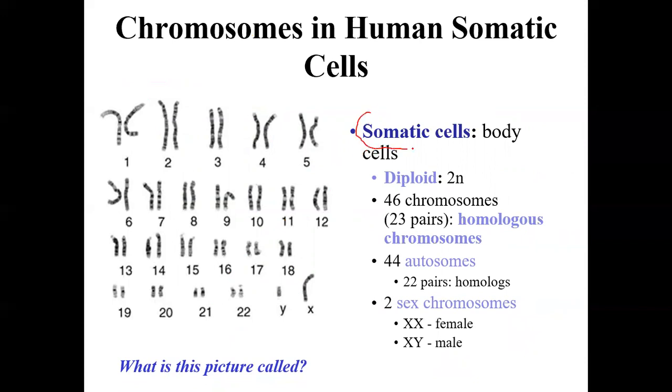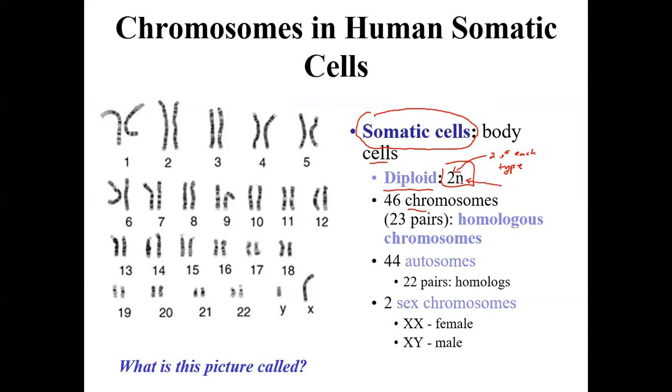So somatic cells is referring to all of your body cells in the sense that like muscle cell, any other tissue cells that you would have, most of your cells are going to be referred to as somatic. Now, this is referring to humans, and when we talk about this, it's talking about the ploidy, and that 2 in front is representing 2 of each type, okay?